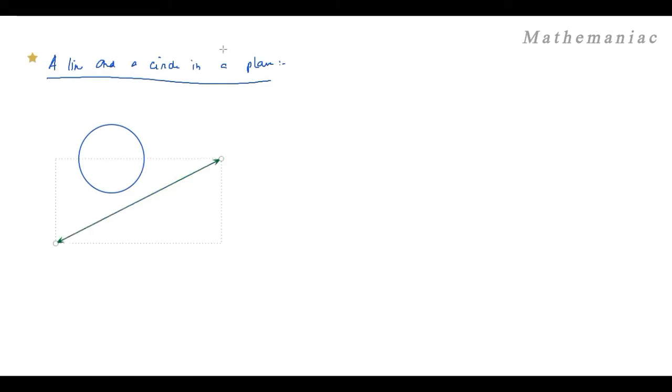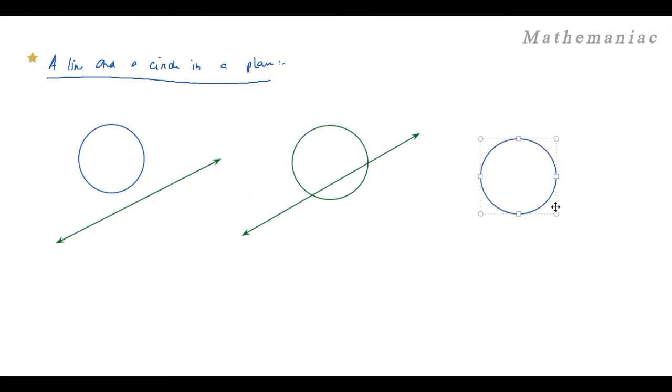So this is one of the options. Next, if I have a circle here, the line might be intersecting the circle at two different points. And what else can I have? I can have a circle and a line which never meet.